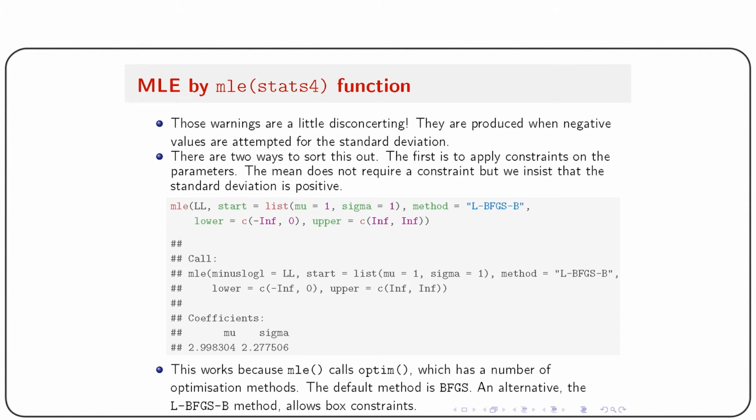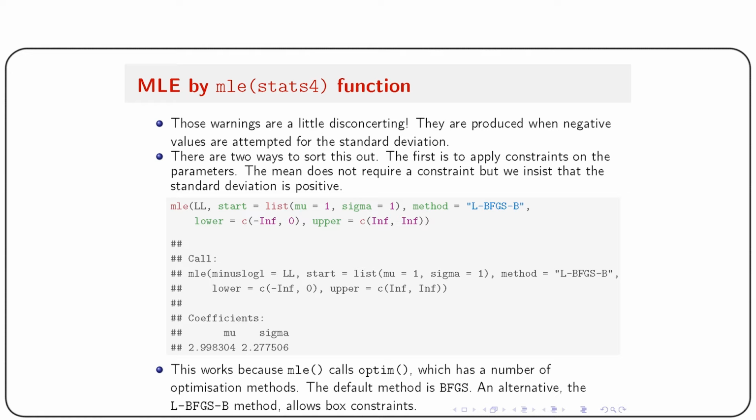Those warnings are a little disconcerting. They are produced when negative values are attempted for the standard deviation, and there are two ways to sort this out. The first is to apply constraints on the parameters. The mean does not require a constraint, but insists that the standard deviation is positive.